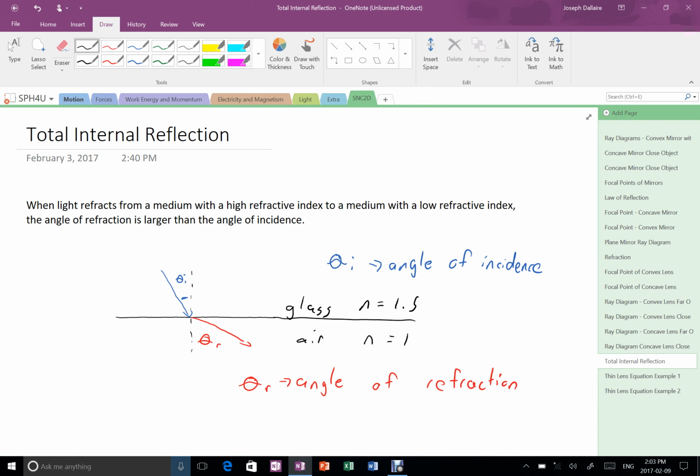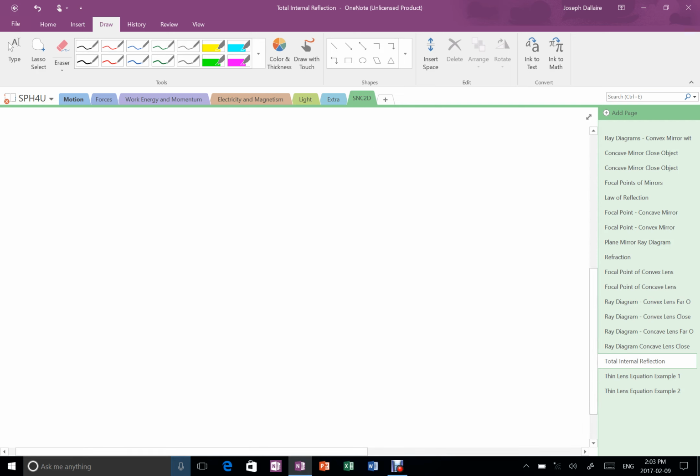An interesting consequence to this is that if we imagine rays in this situation, let's say glass to air, coming in at increasingly large angles, eventually the angle of refraction is going to try to hit 90 degrees, or even if we go beyond that, it'll try and exceed 90 degrees.